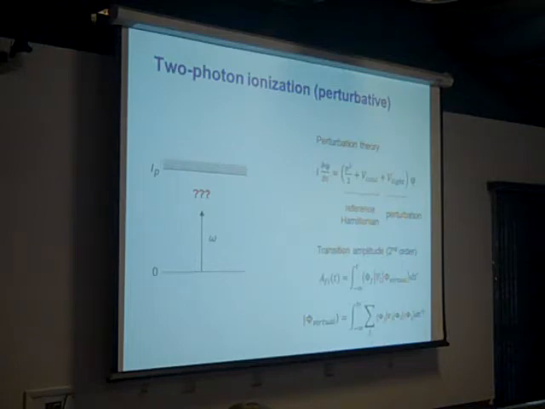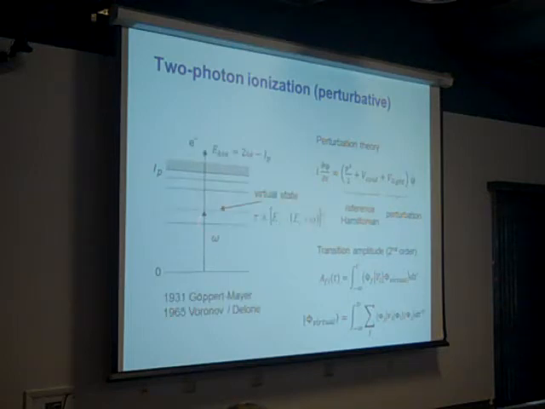So I've described what I call a virtual state here, and you see it has made a transition into this virtual state, and then a transition from the virtual state into the final state. So we see really from this second order transition amplitude a physical picture now that we have a transition for a 2-photon ionization or 2-photon absorption, where first one photon is absorbed, the system goes into such a virtual state, which I can describe like this.